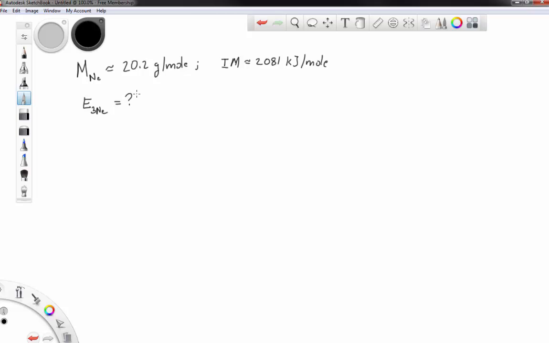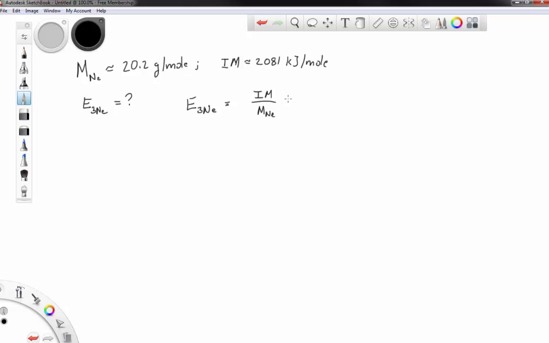Well, what we need to do here is convert this from grams per mole to kilograms per mole, so that we can divide this number by this number to get the ionization energy. In general, by unit analysis, the ionization energy is going to be the ionization per mole divided by the molar mass.